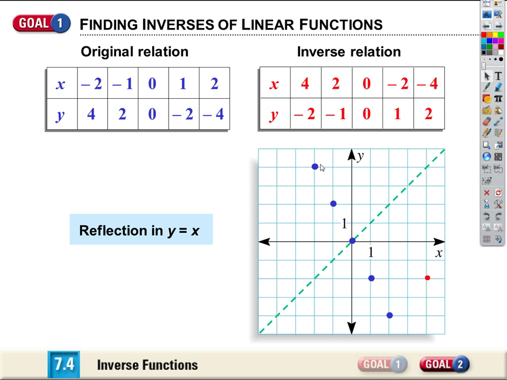When I swap the x and y values, instead of having an x value of -2 and a y of +4, it's going to have an x value of +4 and a y value of -2, right? Look at the relationship between those 2 points. They are just reflections of each other over this diagonal line through the origin, which is just the line y = x. In y = mx plus b, the slope is 1, and the y-intercept is 0.